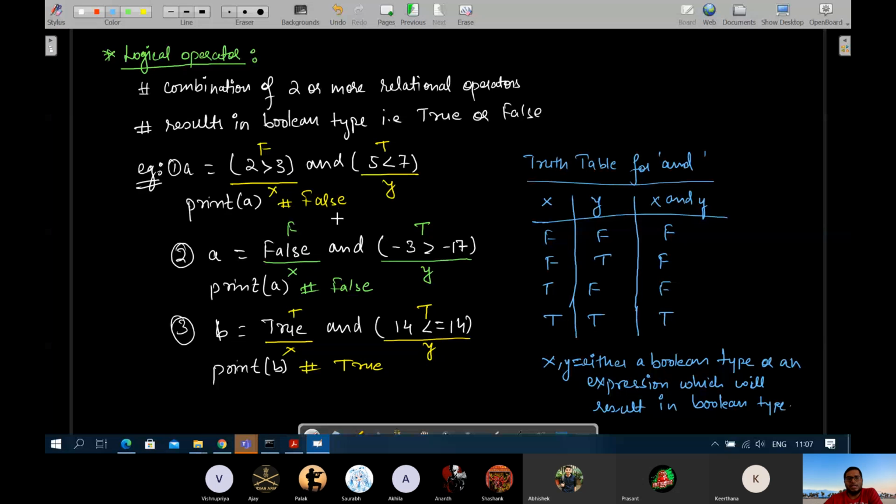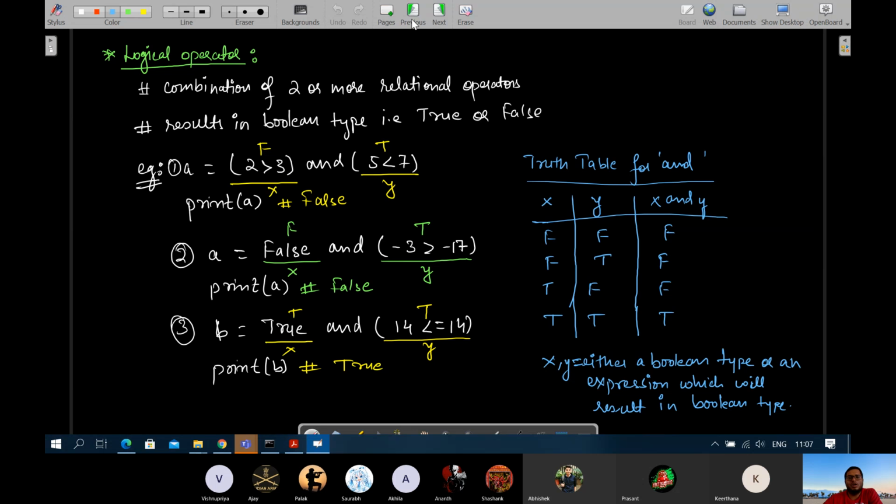Okay, so we have seen this for and. On the next page we will see this table for or and not.